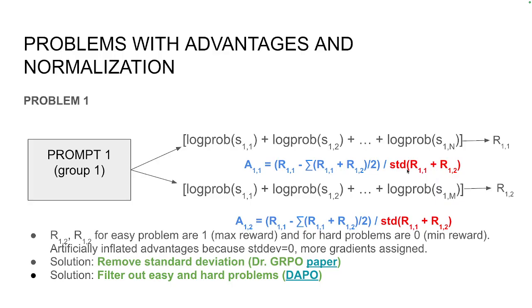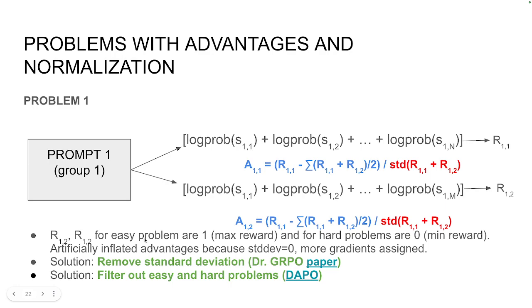And generally this standard deviation also comes with an epsilon, like we add a small factor like 1e-8, because standard deviation can also go to 0, which is the main theme of this slide. So let's say for this prompt you have easy or very hard problems.